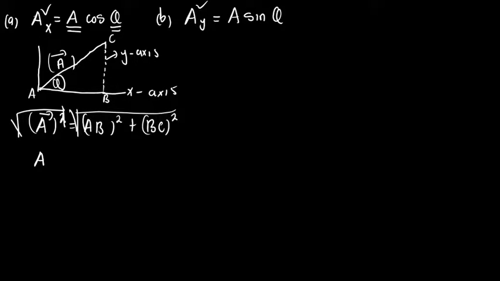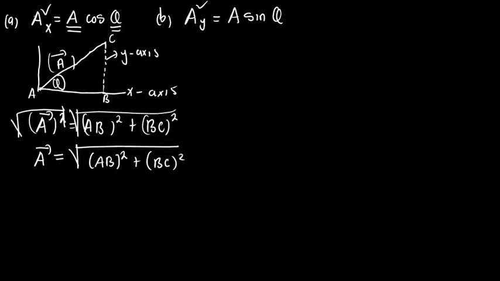So our A vector as a resultant is going to equal the square root of AB power 2 plus BC power 2.